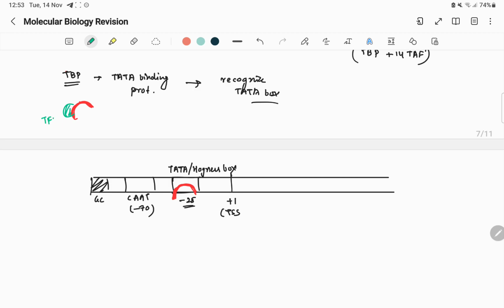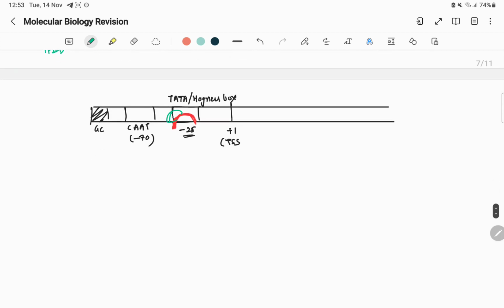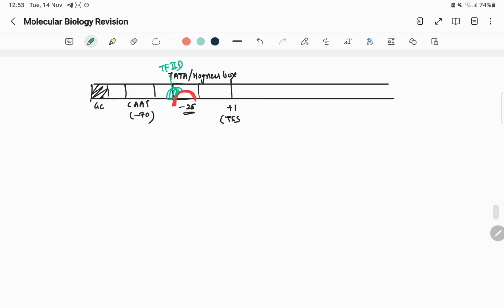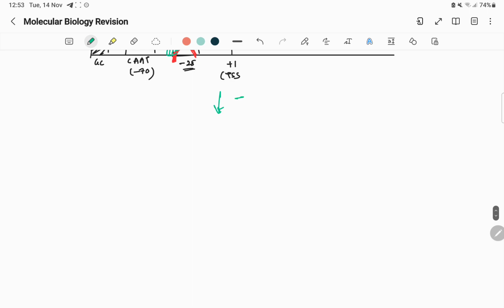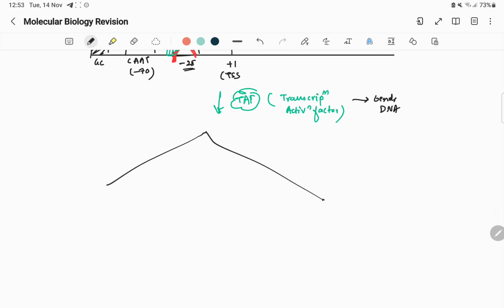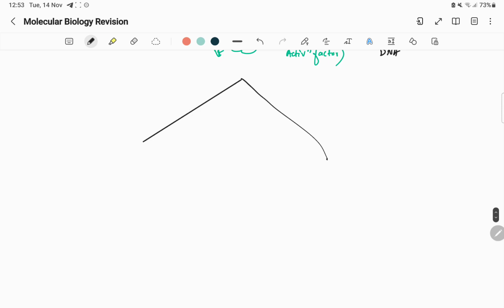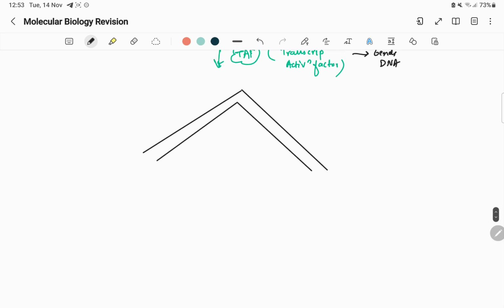Then another factor acts, which is called TAF, the transcription activation factor. What it will do is bend the DNA like this, in this manner.